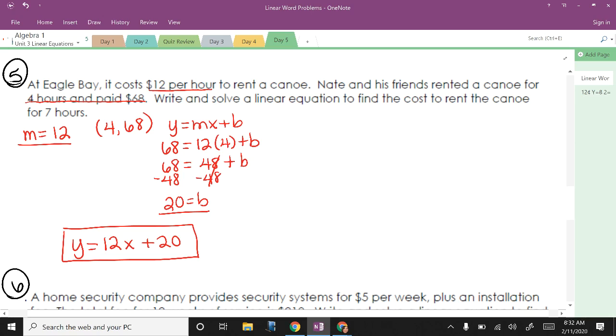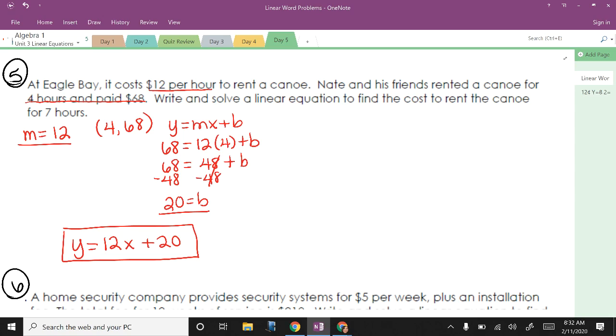Now it says, write and solve a linear equation. We already wrote it. To find the cost to rent the canoe after 7 hours, do you think we're going to plug 7 in for X or Y? X, because it was $12 per hour, so the 12 is getting multiplied by the number of hours. And Y would be the total cost because it's y equals.